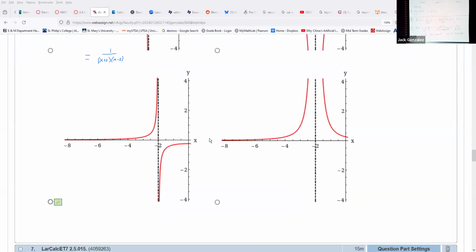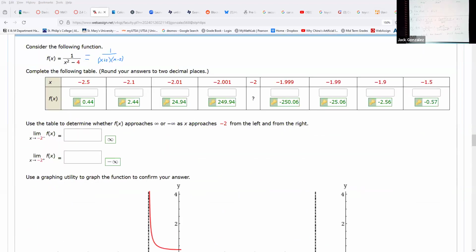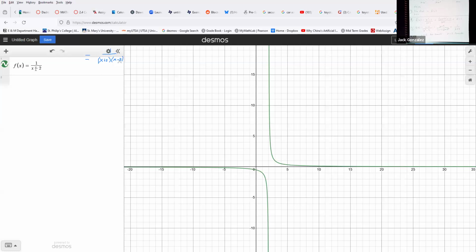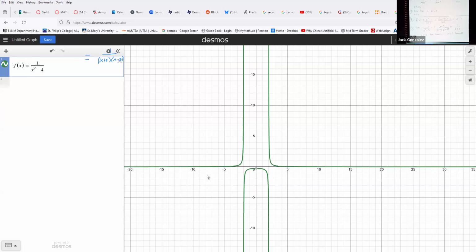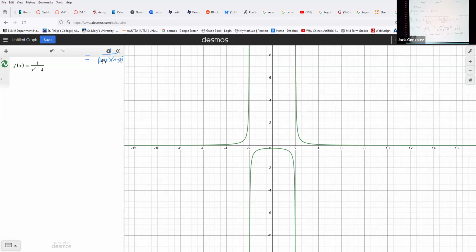Let's see if we can get a better graph. Here. You see what I'm saying? You have an asymptote at -2 and 2 because those two points create division by 0.